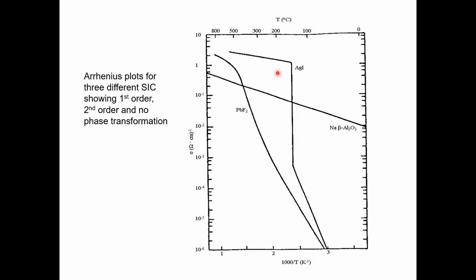You can see that the silver iodide goes through a first order transition, associated with a structural change, leading to a volume change. And then for the lead fluoride material, there's a continuous change in conductivity.